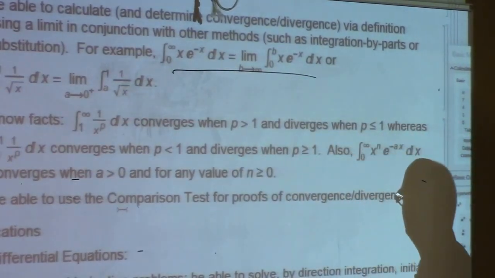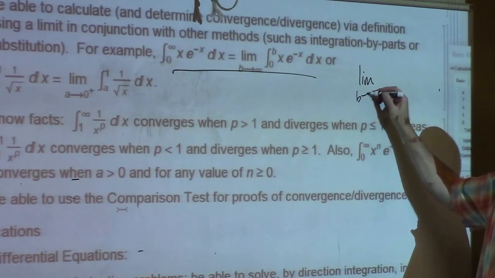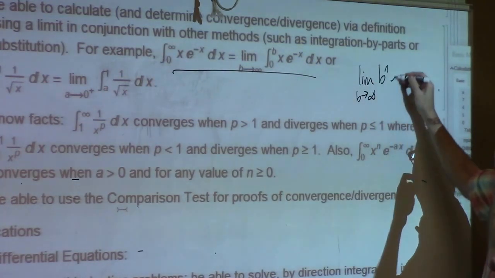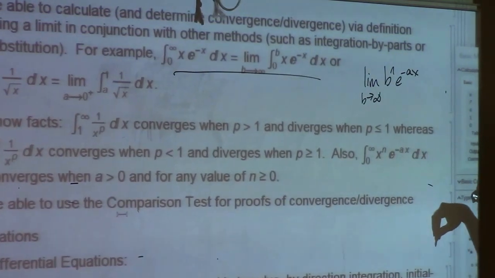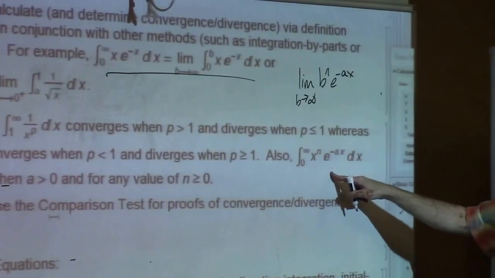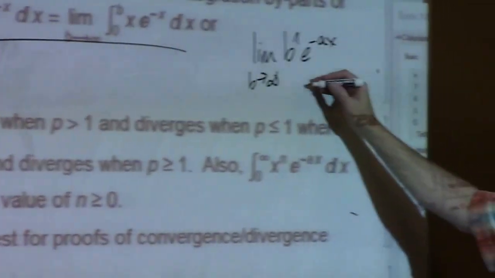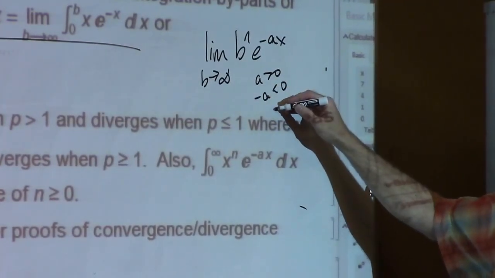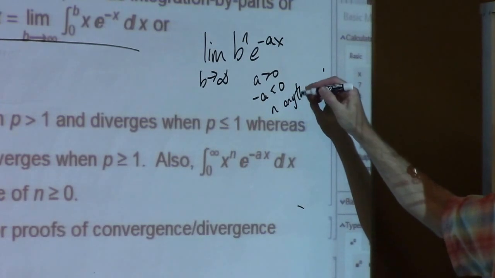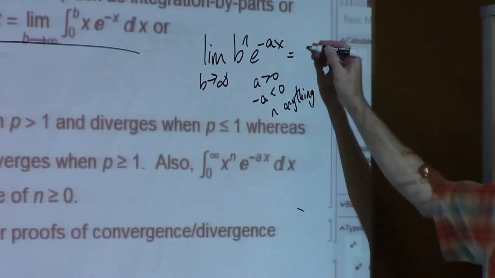So you should be able to do these calculations. You may use the fact that I told you the other day, as long as a is positive, so that negative a is negative, n can be anything. You may use this as a fact, the fact that this limit is 0 no matter what.